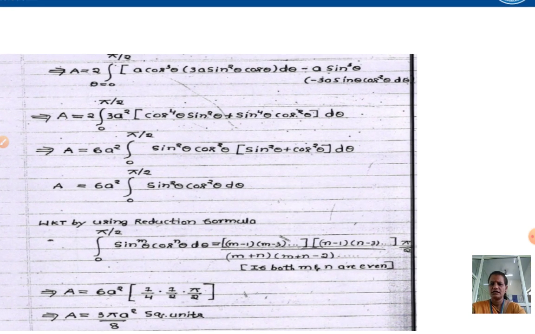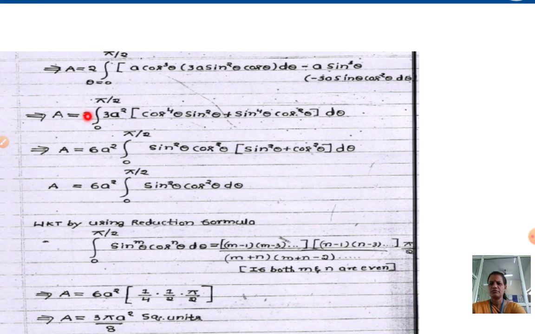So A here is 2 times the integral 0 to pi by 2 of 3a square times cos power 4 theta into sin square theta plus sin power 4 theta into cos square theta d theta.